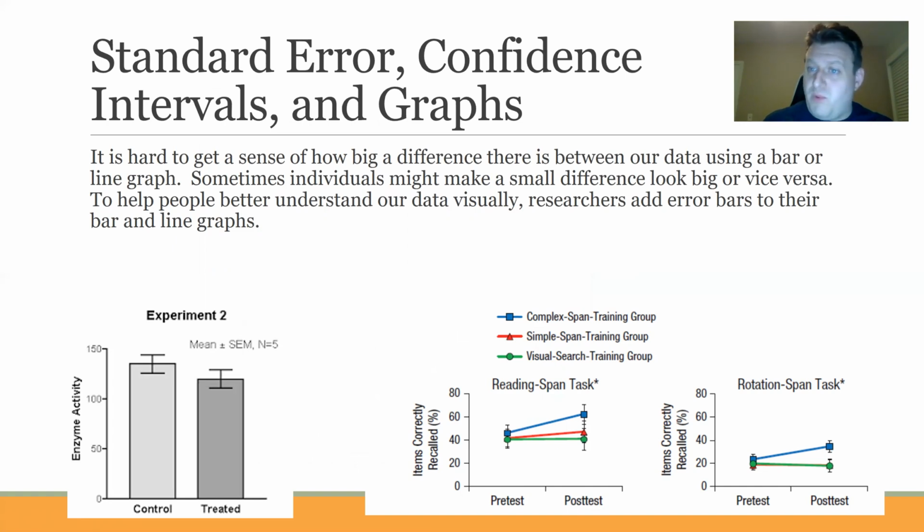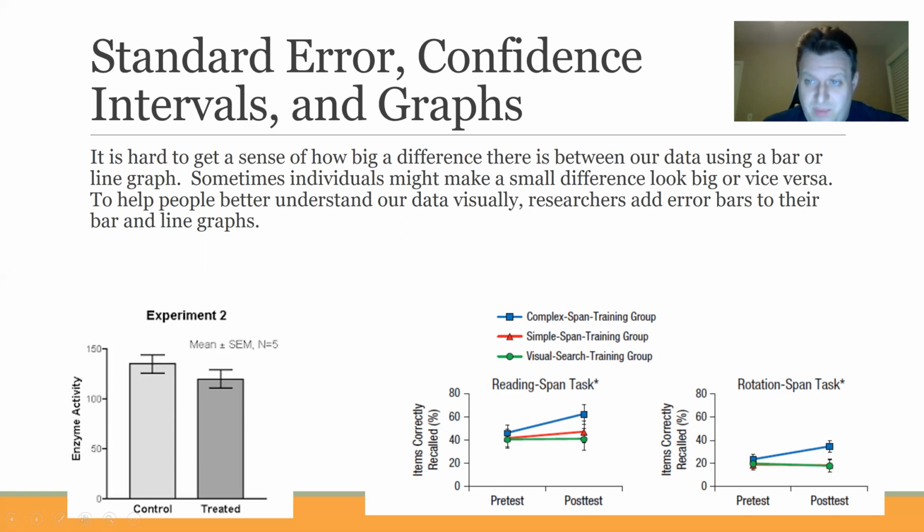Remember, some people might lie to you by changing the scale of a particular graph, and that happens very frequently, as we've seen. To give the reader some indication about the uncertainty, we might take a bar graph or a line graph and construct a confidence interval around the particular points so that the reader has an idea of the uncertainty.